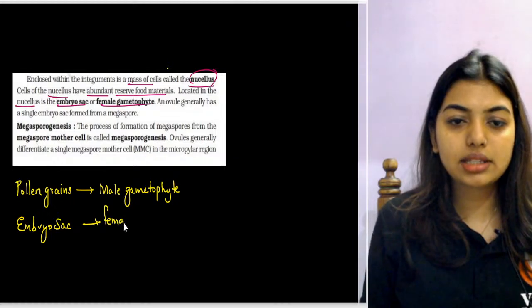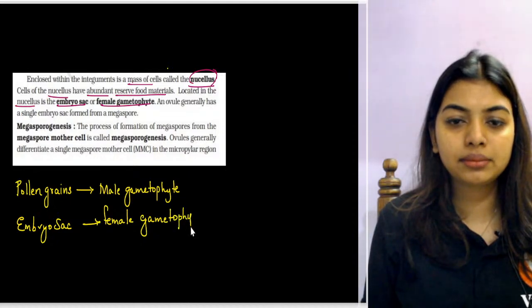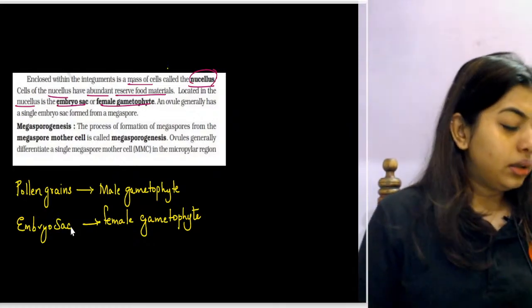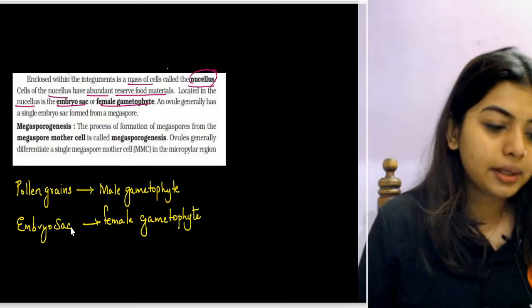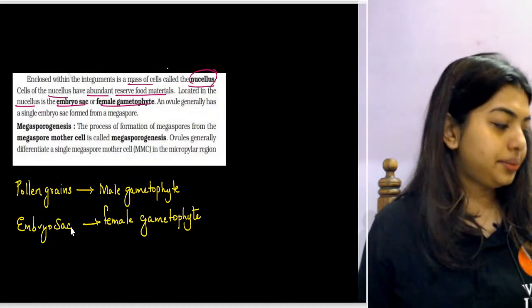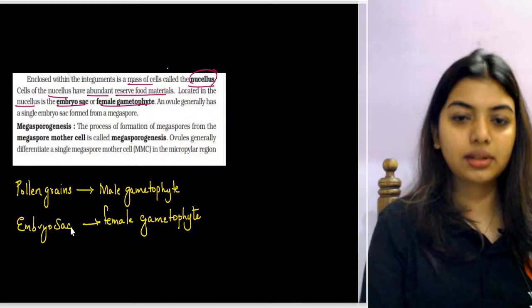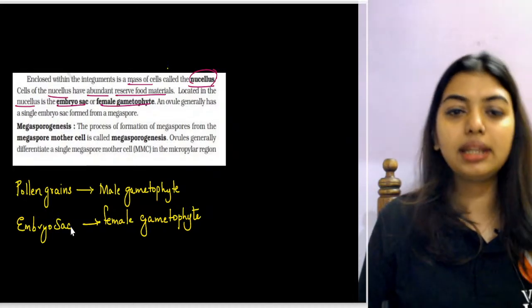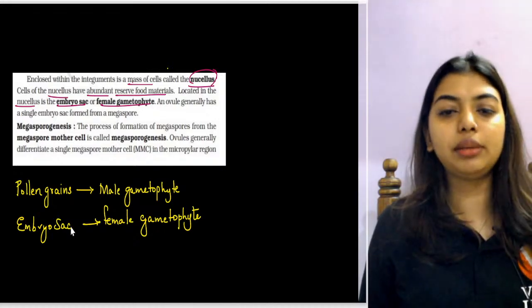They will write that this is the female gamete, but gamete means what? They should fuse. That is not happening here. Got it? So pollen grain is the male gametophyte and embryo sac is the female gametophyte.